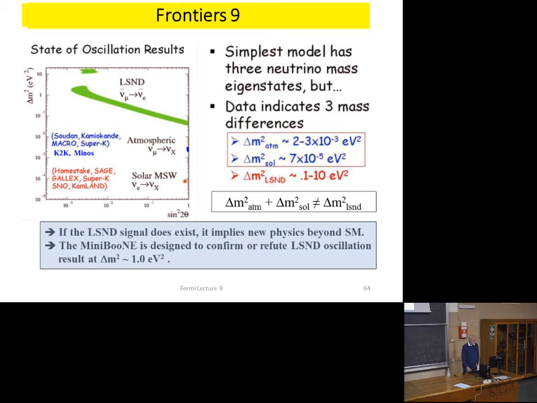That experiment then, what that mass difference is here, I show you, it's something like 1 eV squared, while the others were about a factor of 10 to 100 lower. So the neutrino mass differences that we saw before were something like 10 to the minus 3 or 10 to the minus 5 eV squared. This is a much larger mass difference, if true. So this is the experiment, quite controversial.